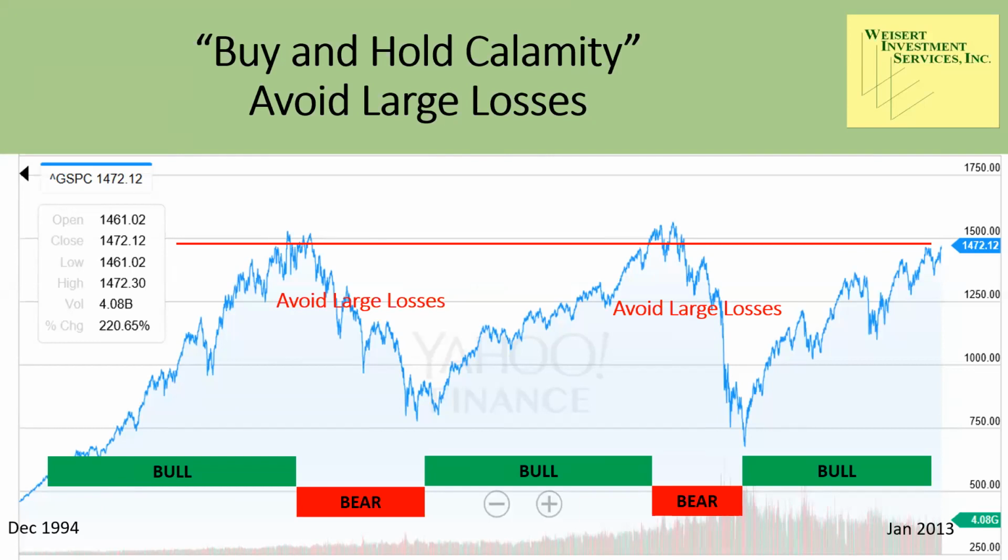And you'll notice that the S&P 500 number is 1472. So basically, it ramped up, got up to a high of 1472, had a bear market, a bullish phase, lost everything. And basically in 13 years, you finished up where you were, which led to what I call the buy and hold calamity, driven by avoid large losses.